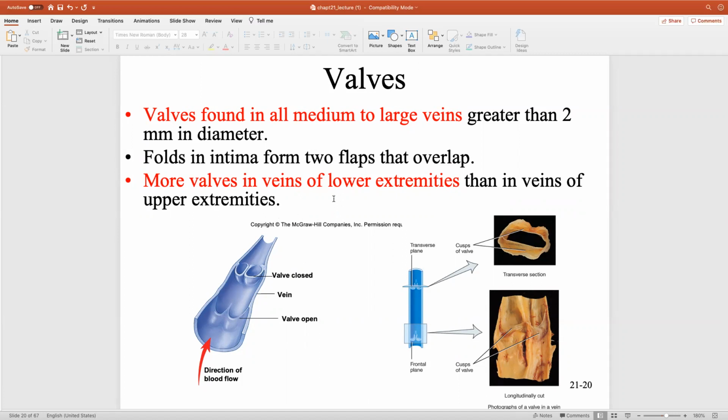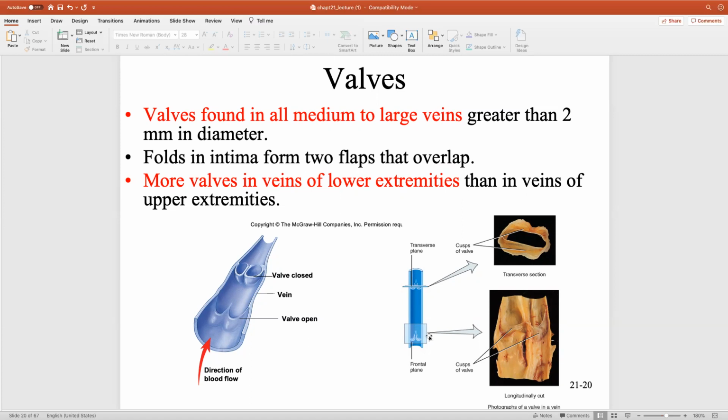You have more valves in the veins of the lower extremity than in the upper extremity, and it makes sense why. The veins of the lower extremity are lower than the heart, so gravity plays a bigger negative impact on blood returning through these veins back to the heart.